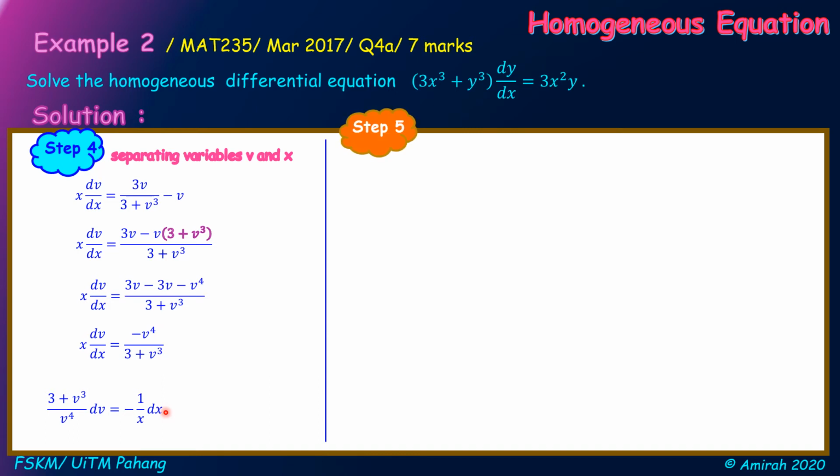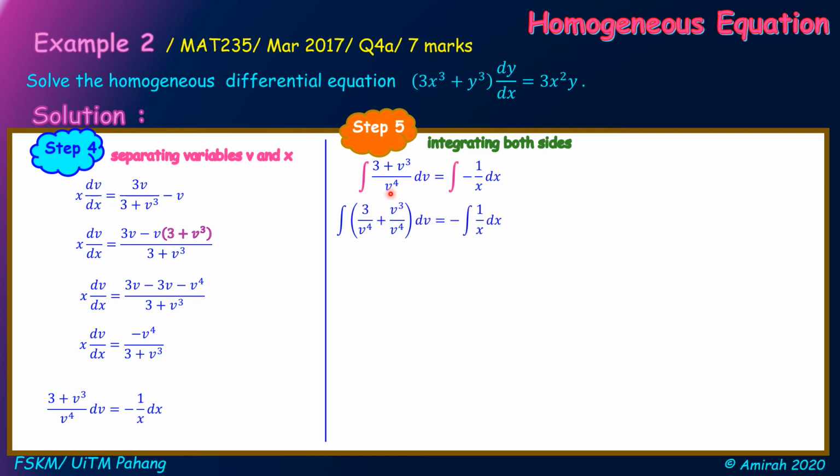After that, we continue with step 5. After we separate variables v and x, we can integrate both sides. We put the integration sign on both sides. Now we have the integral of (3 plus v cubed) over v to the power of 4 dv equals the integral of negative 1 over x dx. On the left hand side, we separate the fraction: the integral of 3 over v to the power of 4 plus v cubed over v to the power of 4.